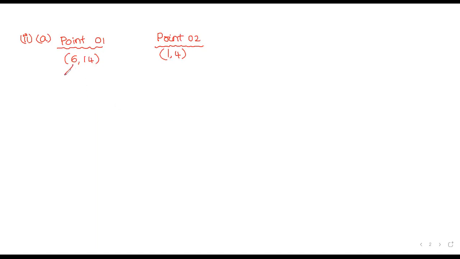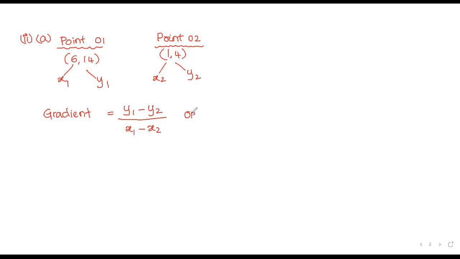Yes. Now what I do, I mark them as x1 and y1. And this is x2 and this is y2. And I want to find the gradient of the line, and what is the formula we had? y1 minus y2 divided by x1 minus x2. There is no hard and fast rule that you want to follow this formula.